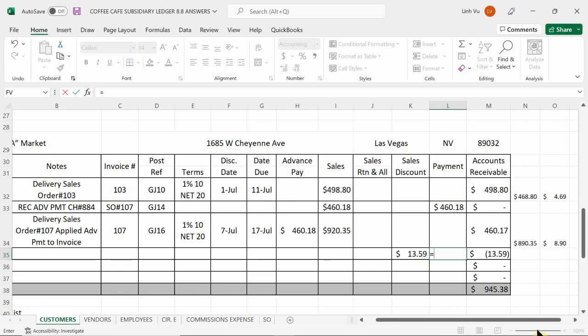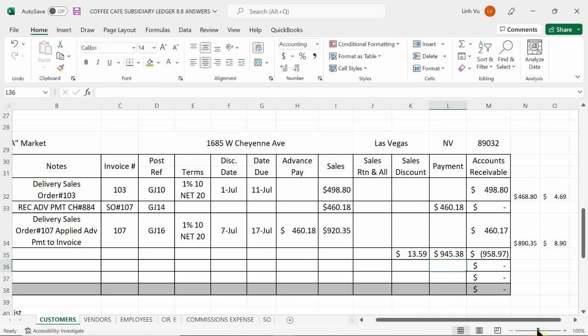And of course, the amount that they owe me. So the first invoice is $498.80 plus $460.17, minus the discount.